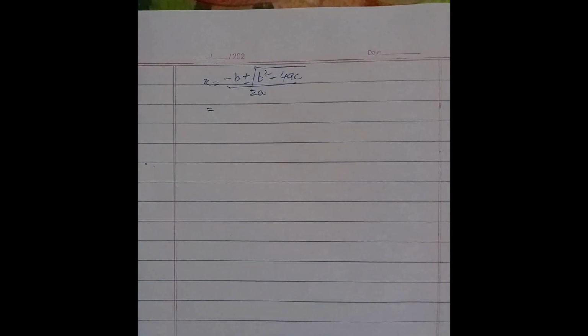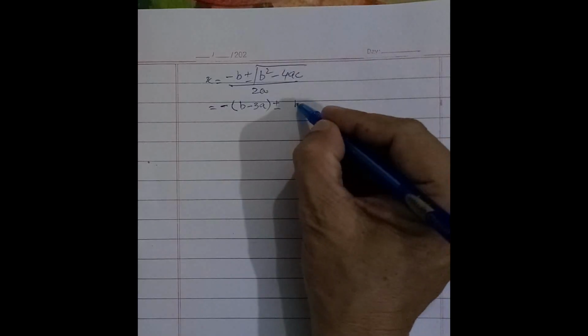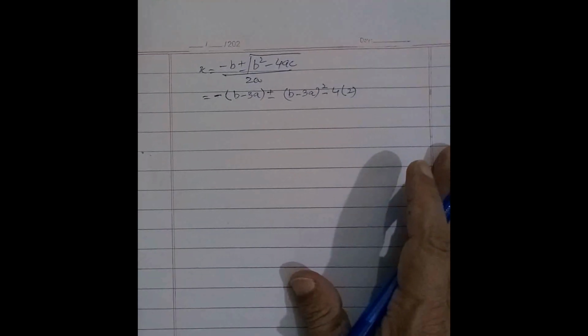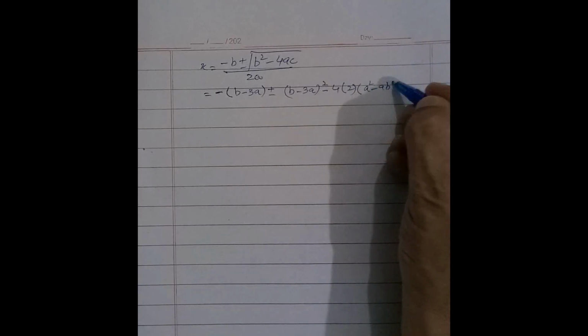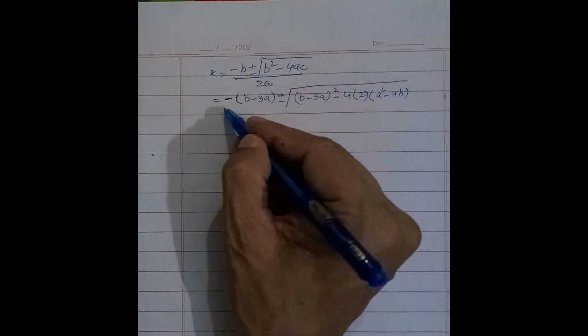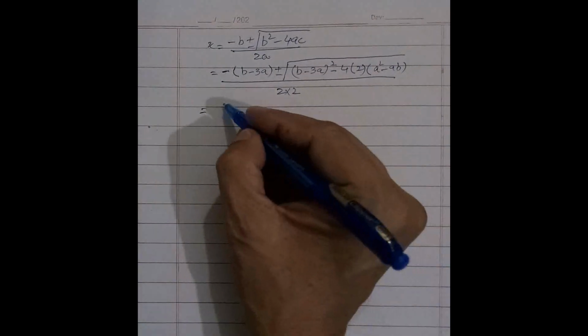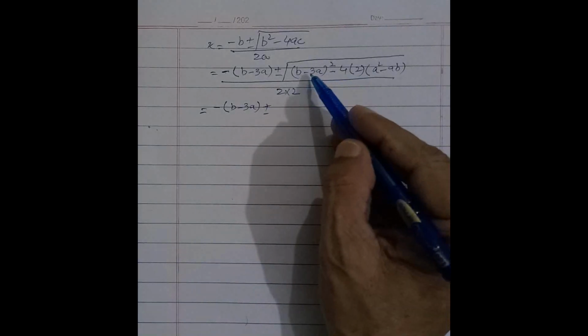Now we put the values of a, b and c in the quadratic formula, with which minus b is equal to minus (b minus 3a) plus minus square root of (b minus 3a) whole square minus 4 into 2, a is 2 and c is equal to a² minus ab, over 2 into 2.